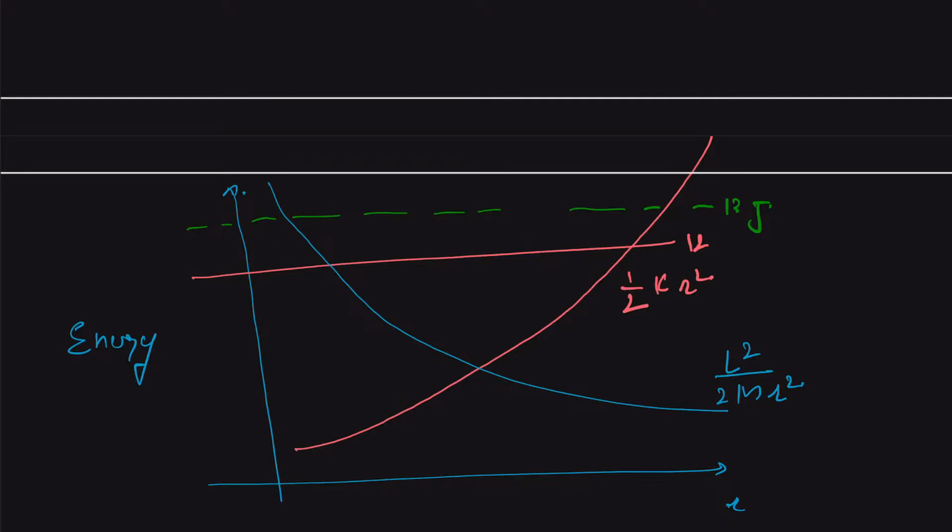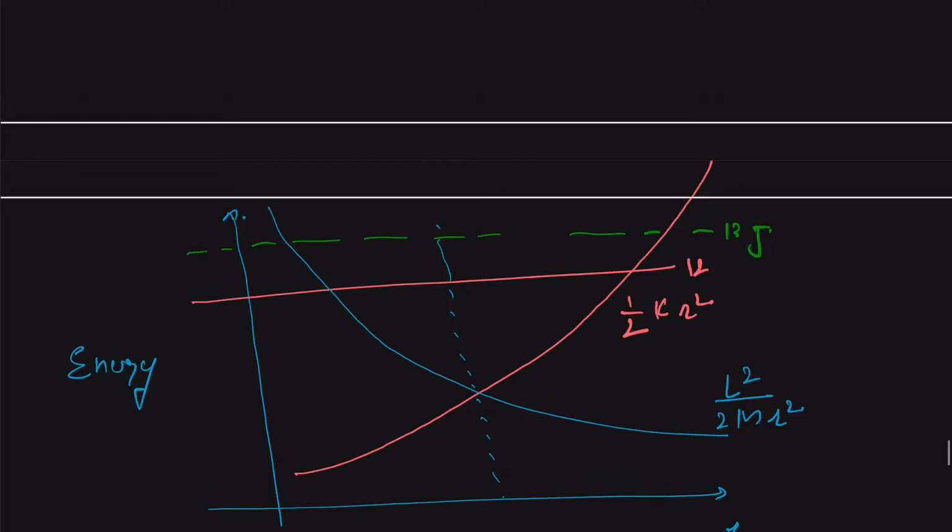Okay. And we can find out that asymptotically or approximately, the graph is going to follow this particular shape, final energy. Okay, so this is our V effective. And we have two values of r, minimum and maximum.